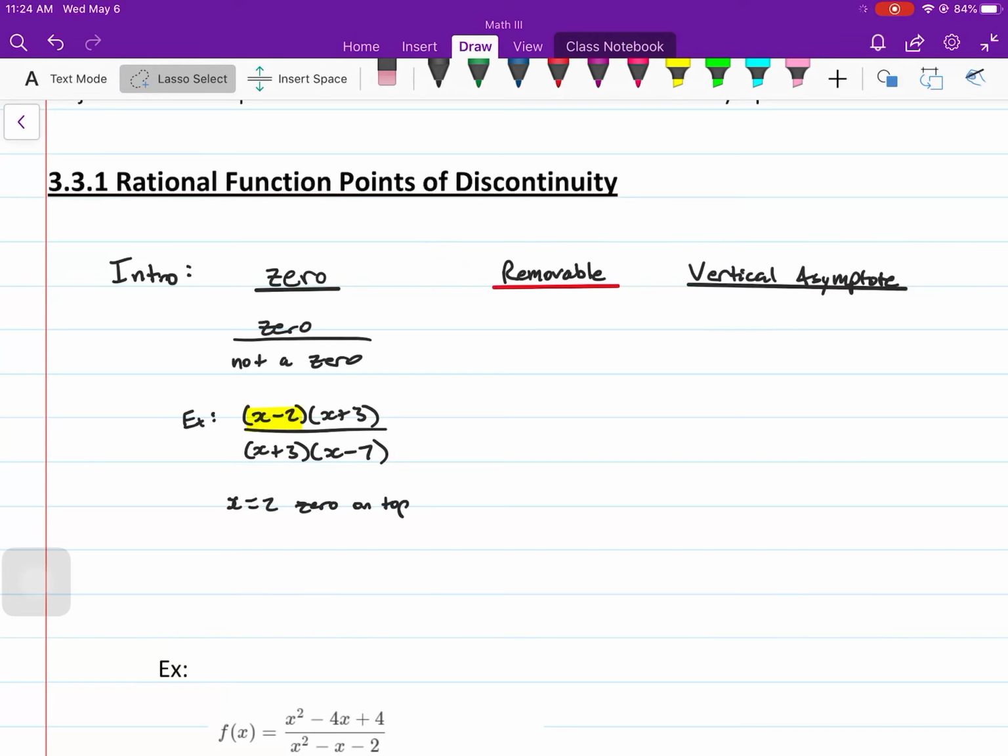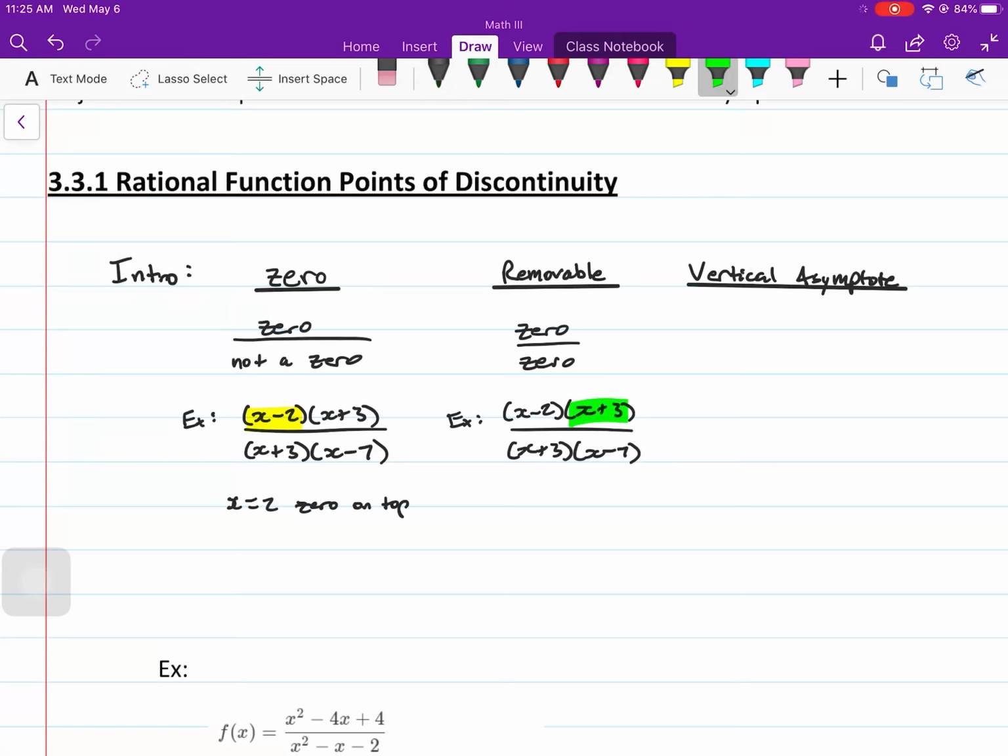Let me move some stuff over. Okay, so let's talk about the removable. The removable is when you have, that's interesting, I didn't mean for that to turn red. So removable is when you have a 0 on the top and the bottom. The same factor has the 0. So for example, and it'll be the same example, if you have x minus 2, x plus 3 over x plus 3 times x minus 7.